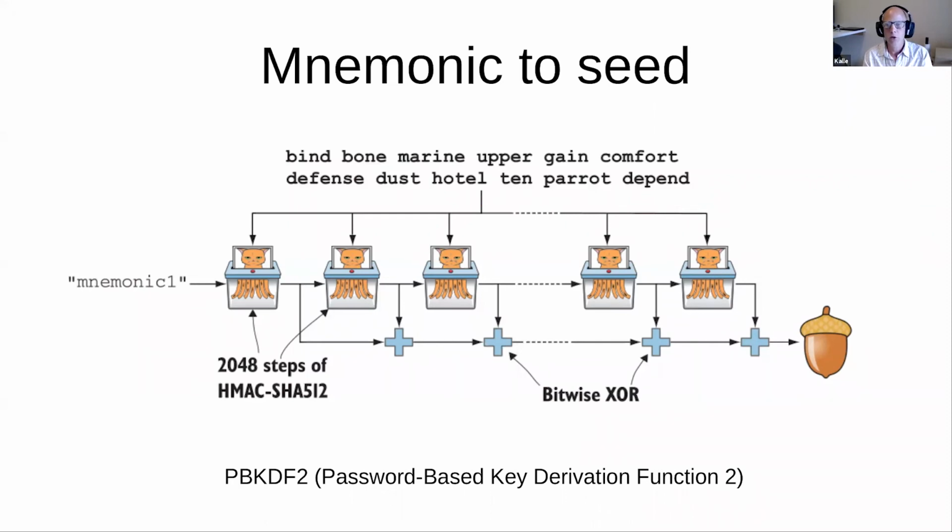You also want this to be fairly quick for a normal user, so you don't want to wait half an hour for this process to finish. So you don't want this number too big, and you also don't want the number too small, because that would make it easier for attackers.